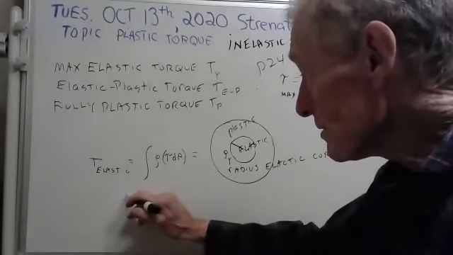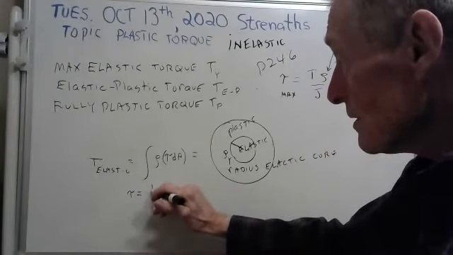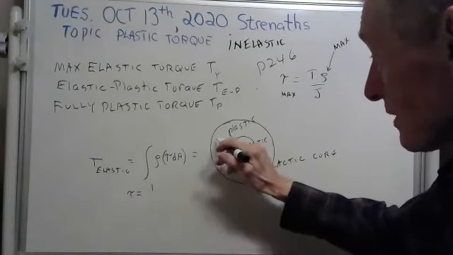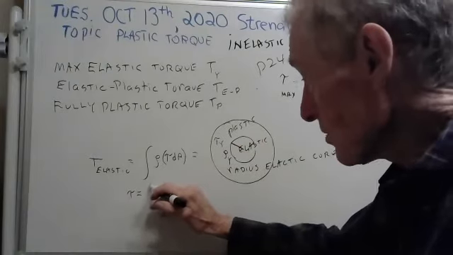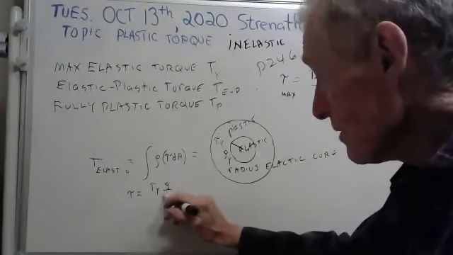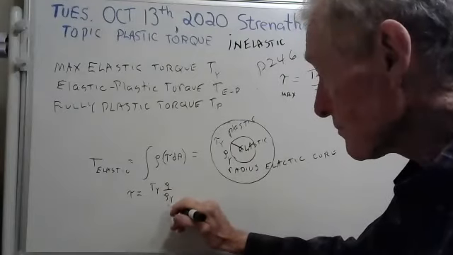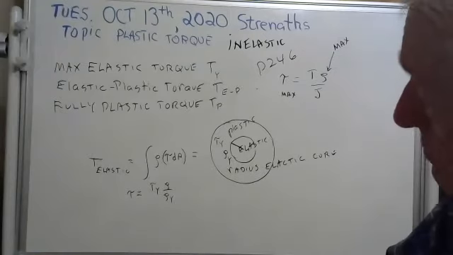And see, the stress is going to equal the, and you see, you'll reach yield strength stress throughout in here. It's plastic. It's going to be tau sub y times rho over rho sub y. I think that's it. Yeah.